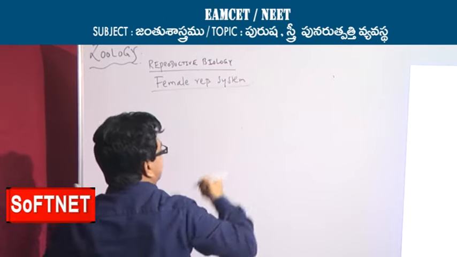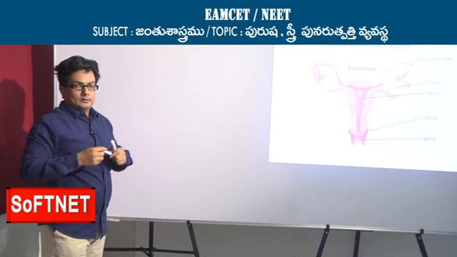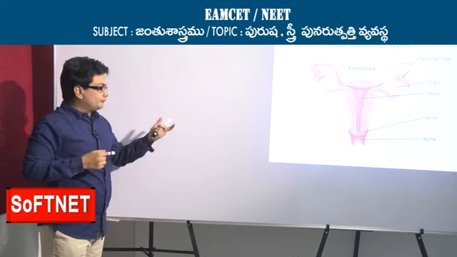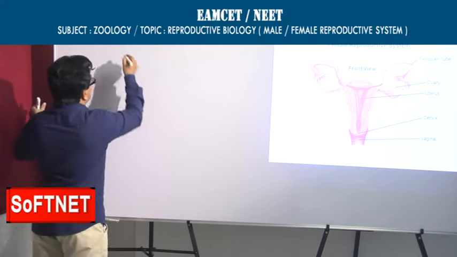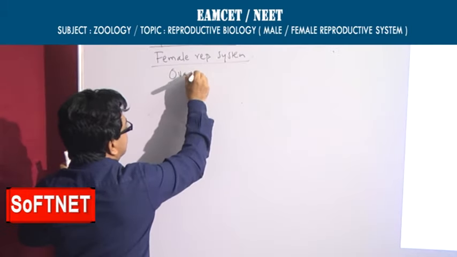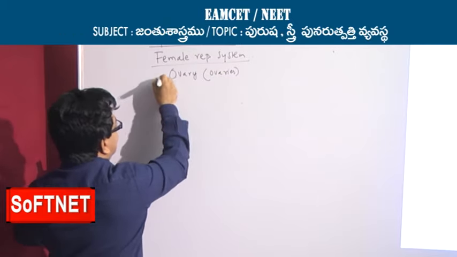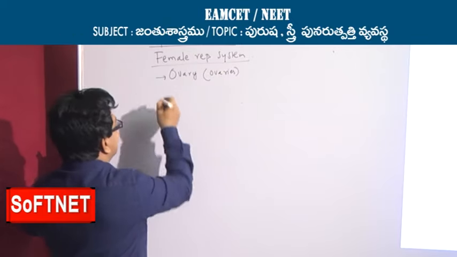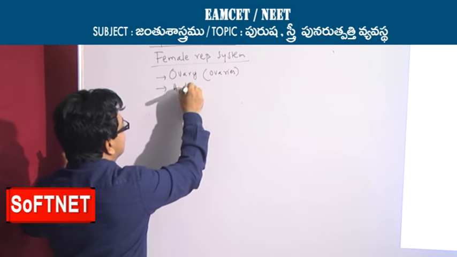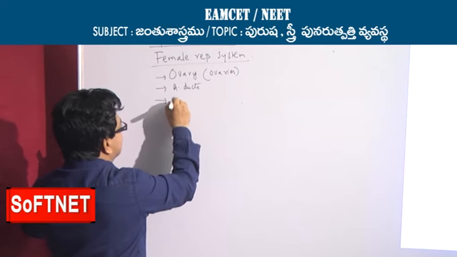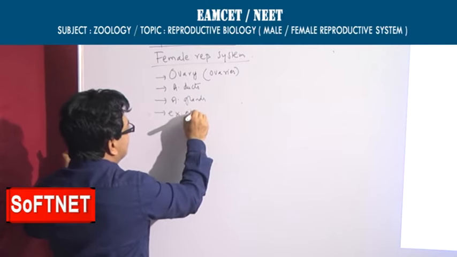As we have divided the male reproductive system into four segments, we can do the same thing even for the female reproductive system: ovaries, which are the gonad, then the accessory ducts, the accessory glands, and finally the external genitalia.